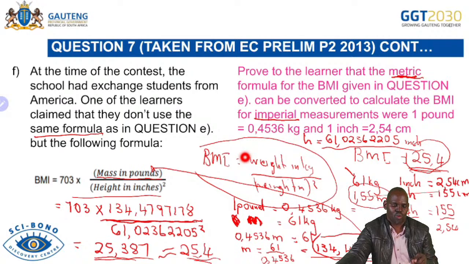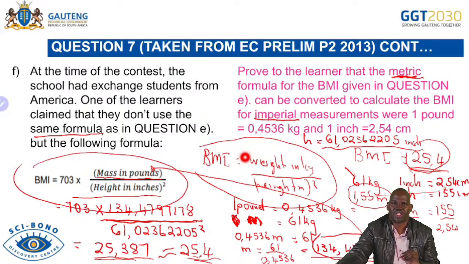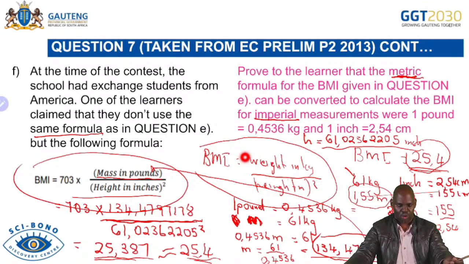What mattered in this case, we just had to make sure that whatever we substitute there, it's in the units that are needed. So in this case, we can prove that this is also acceptable. That is an imperial one. And then we also have the metric one, the one that we use in South Africa, the most common one. Unfortunately it's long, but it's one of those questions that you should expect.